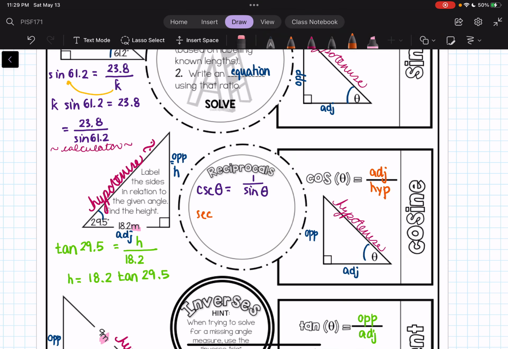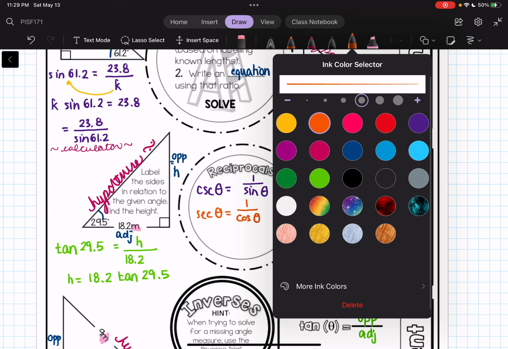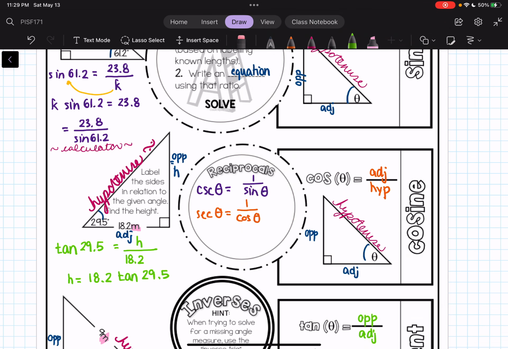Secant is 1 over cos. And cotangent is 1 over tan.